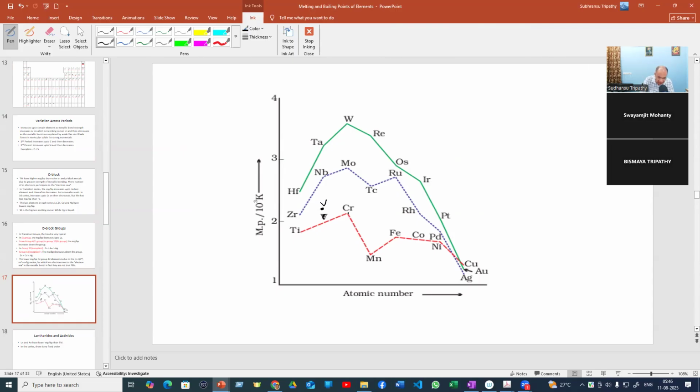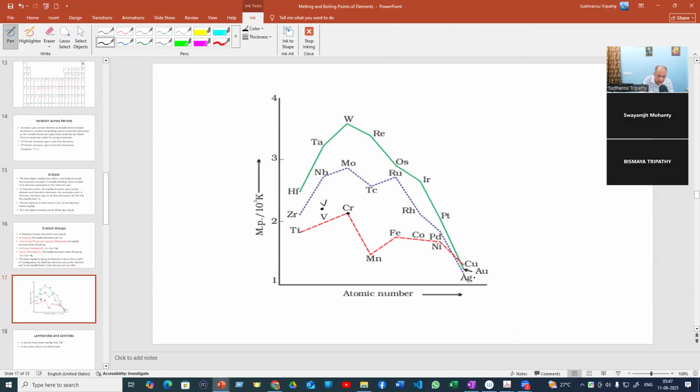a little greater than chromium. Titanium, then after that what? Scandium, titanium, then vanadium, chromium, manganese, then it falls down to iron, cobalt, nickel, palladium, copper.